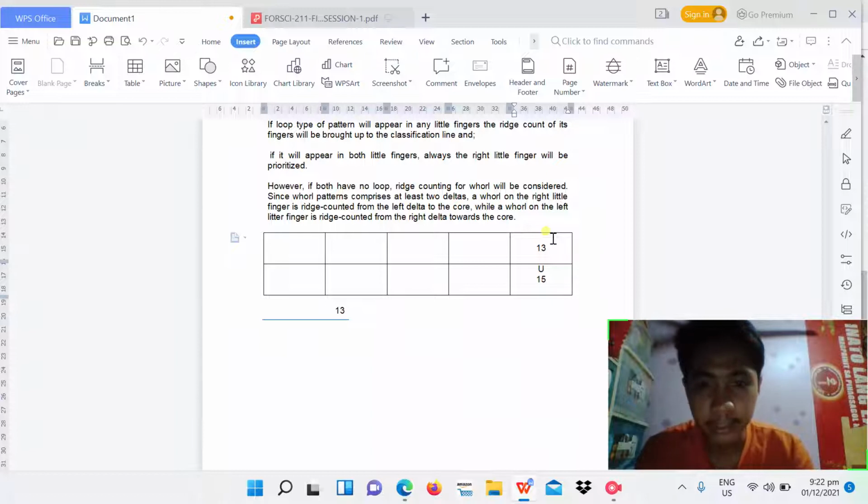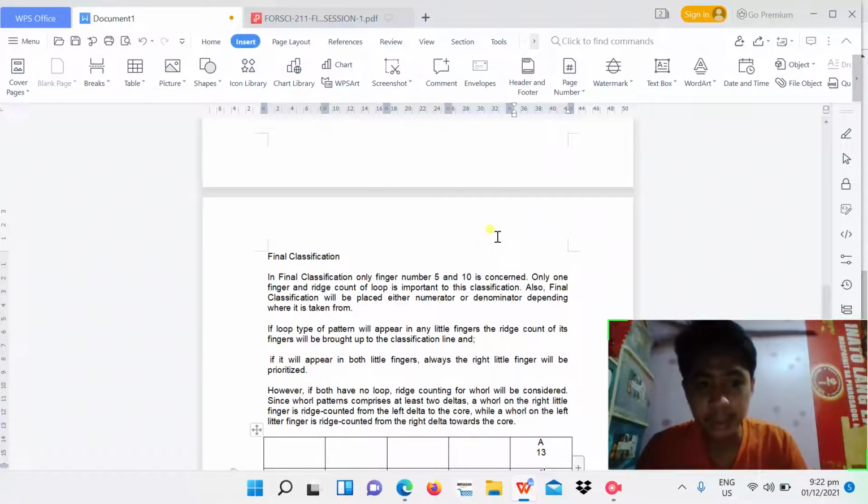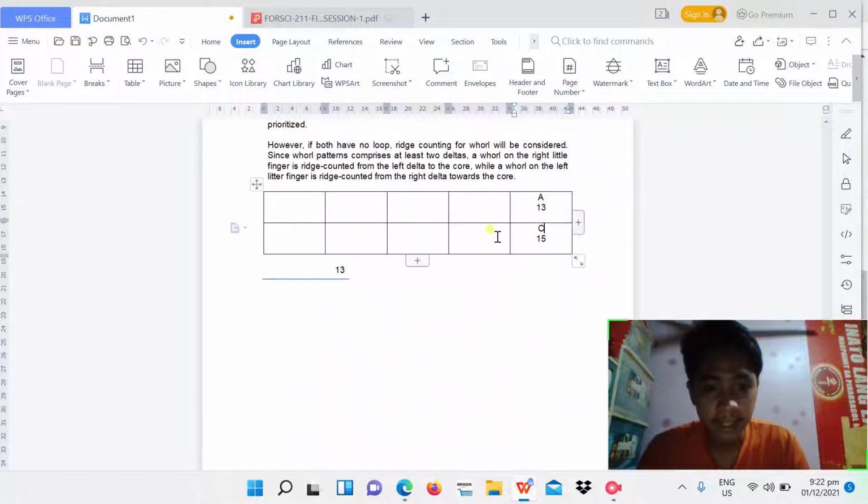For another example, if there is no loop type of pattern, if it is whirl, for example an accidental whirl and a central pocket loop. As I said also a while ago, if both have no loop, the ridge counting for whirl will be considered, and always prioritize the right little finger.